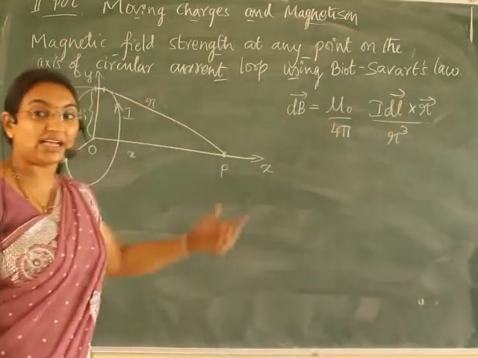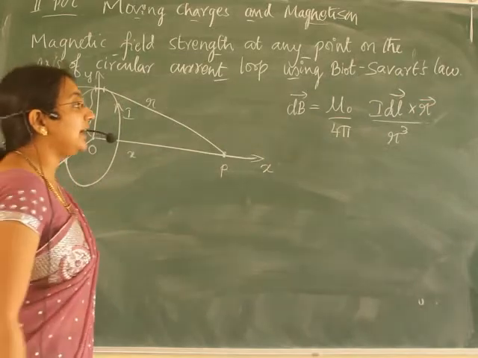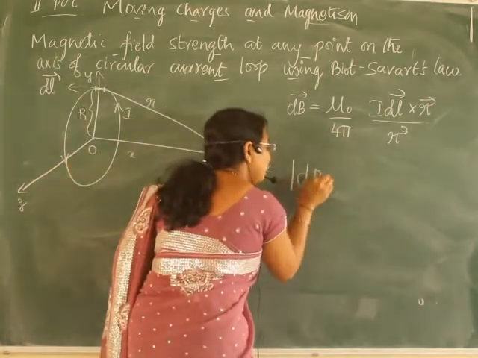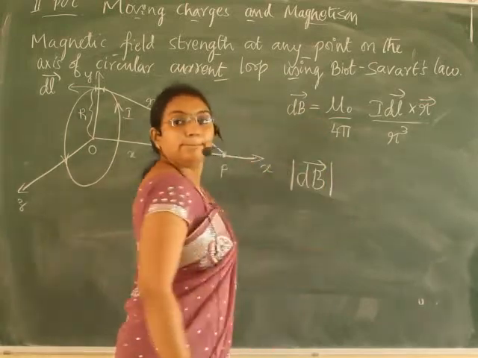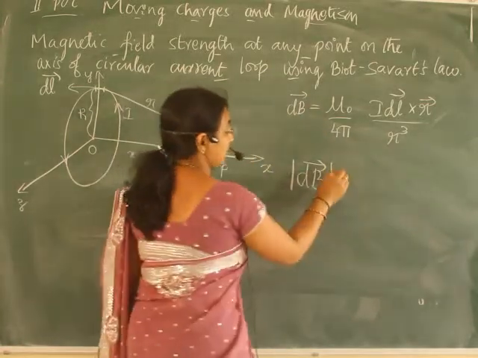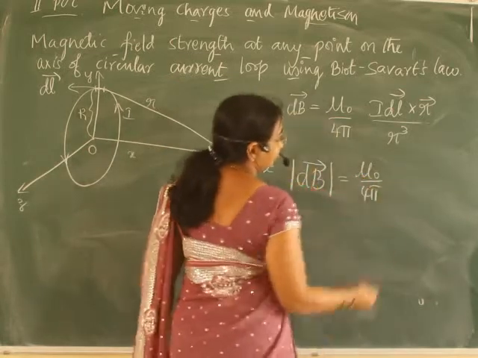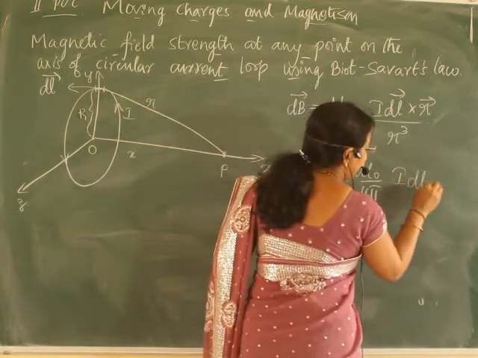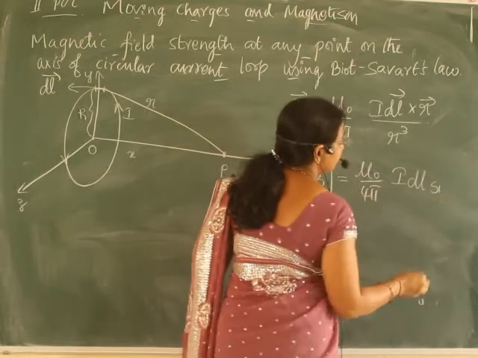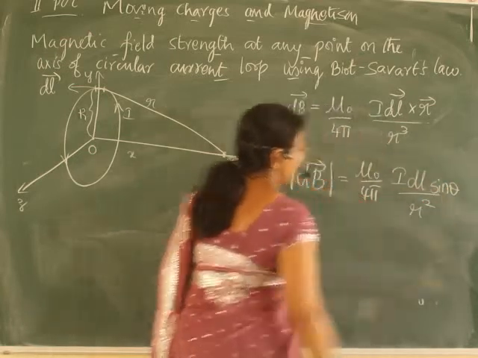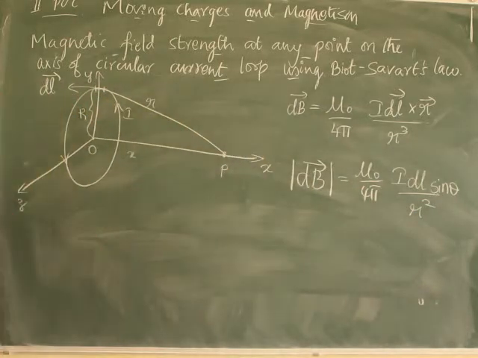In terms of vector form I have written; when we write in terms of magnitude, the magnitude of the magnetic field is equal to mu naught by 4 pi I dl sine theta divided by r square, correct? I dl sine theta by r square.